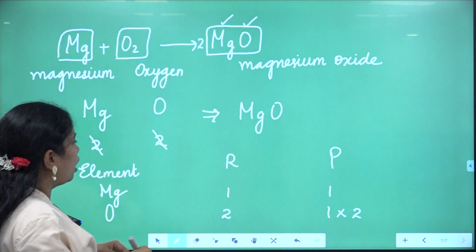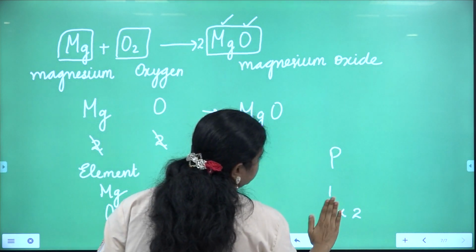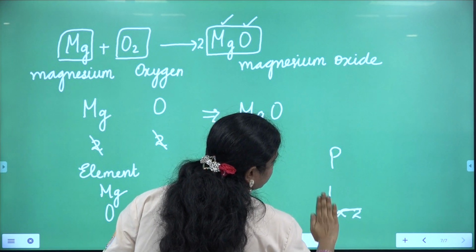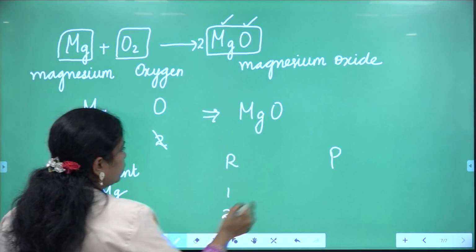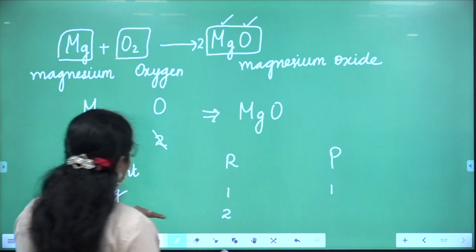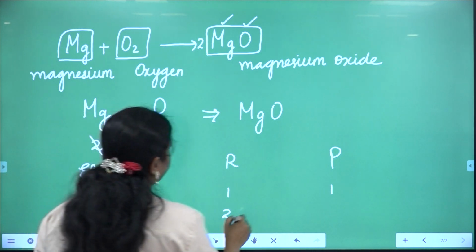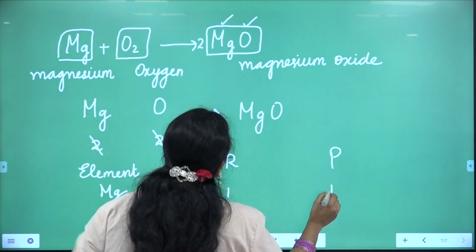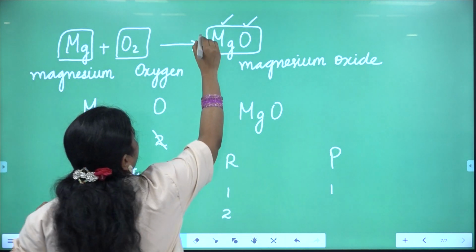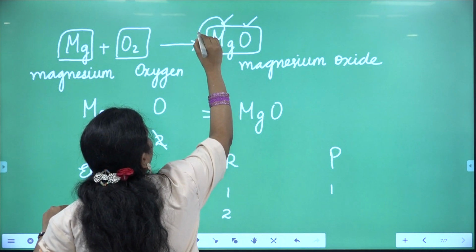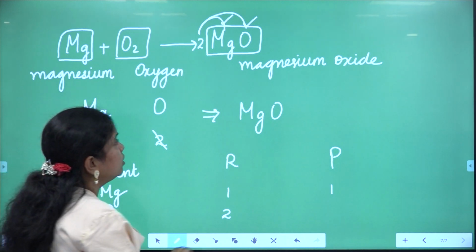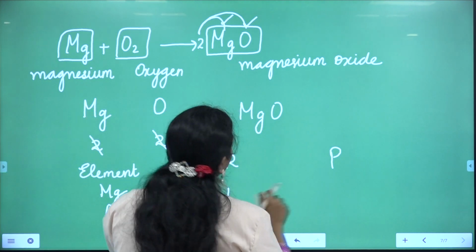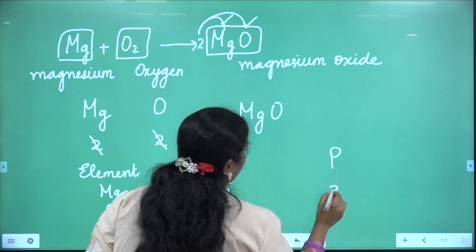Now we will see. Here it is only 1, whereas here it is 2, I told you. See, this 2 is common for both magnesium as well as oxygen. How many magnesium do we have, children? 2 magnesium.